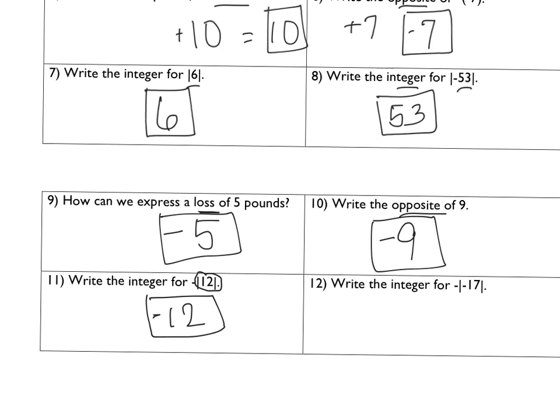And number 12 in our examples, write the integer for negative absolute value of negative 17. So we take a look at what's inside of the absolute value, negative 17. Absolute value always stays positive. So that's going to be 17. Again, the negative is outside of the absolute value, so it has to stay on it. So that would be negative 17.